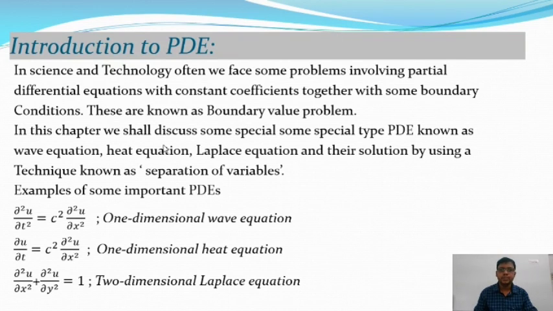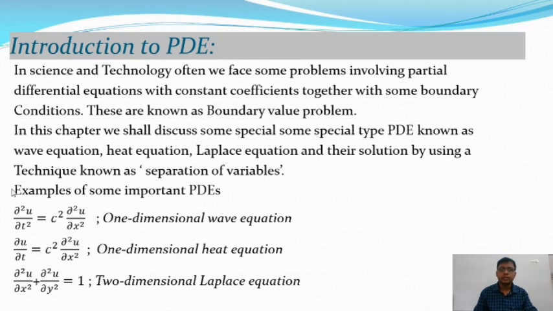In this chapter, we shall discuss some special types of partial differential equation known as the wave equation, heat equation, and the Laplace equation, and their solution by using the technique known as separation of variables. Separation of variables is a very important part of partial differential equations, and in this chapter we will discuss the wave equation, heat equation, and the Laplace equation.